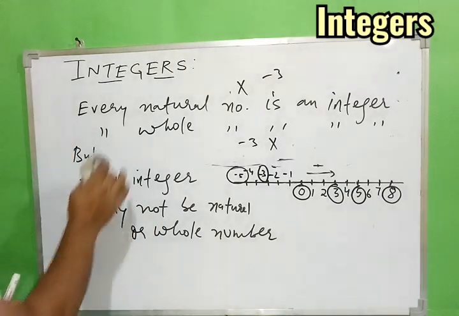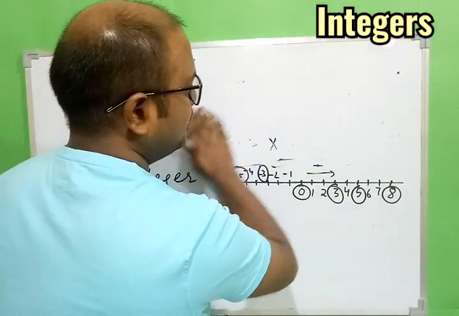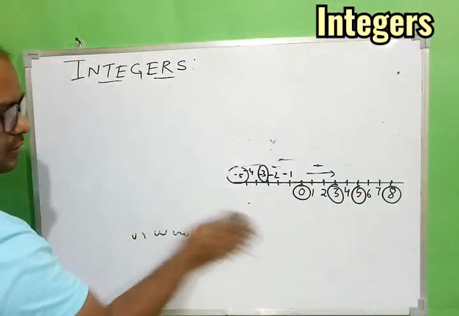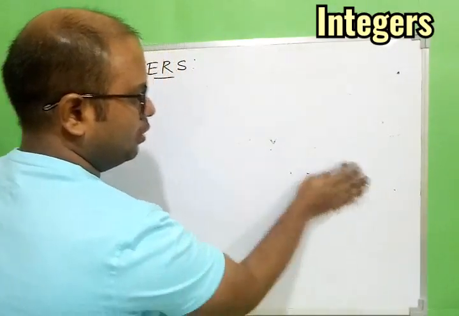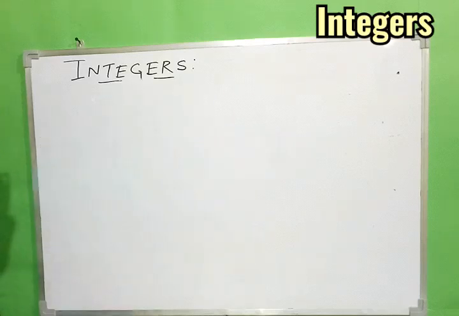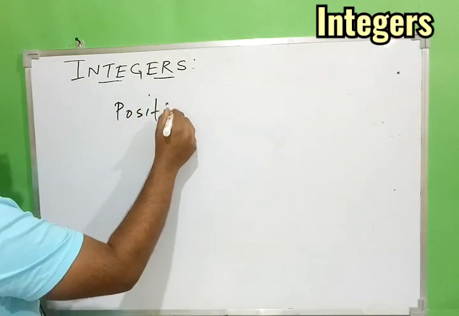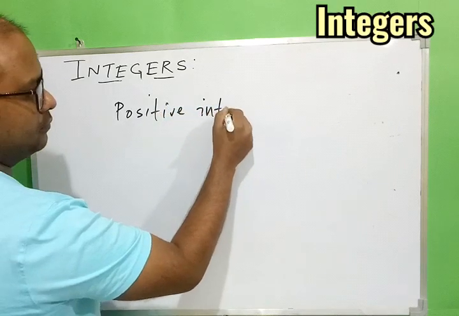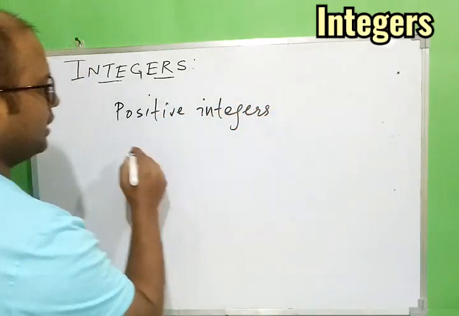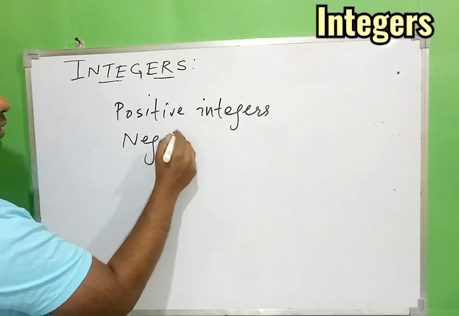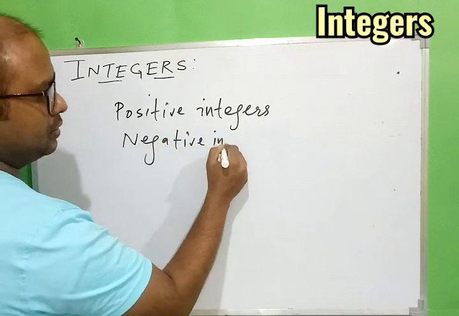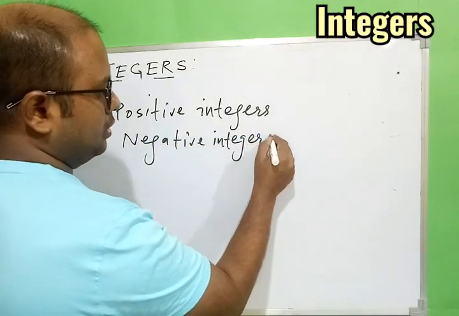And now moving to the next. If we have the integers, then on the number line we are able to see positive integers and we are able to see negative integers. Yes or no?